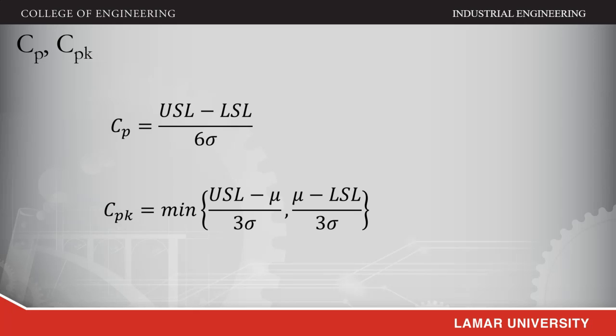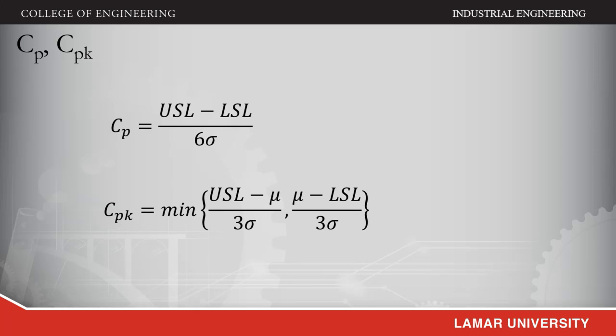So in other words, if the space or the range that we call 6 times sigma is small compared to the range of the upper specification limit minus the lower specification limit, that means that this number should be larger, and hopefully larger than 1.